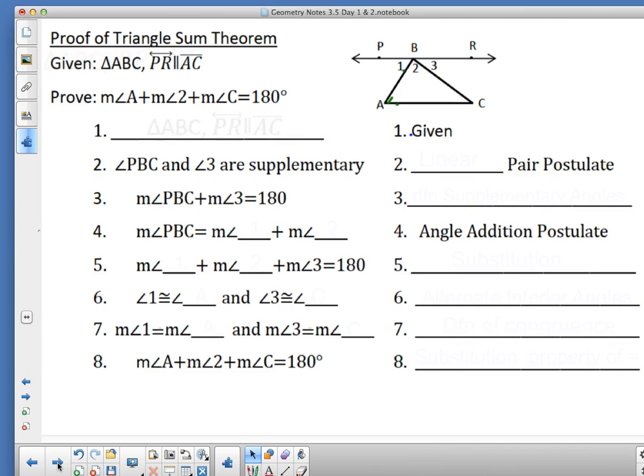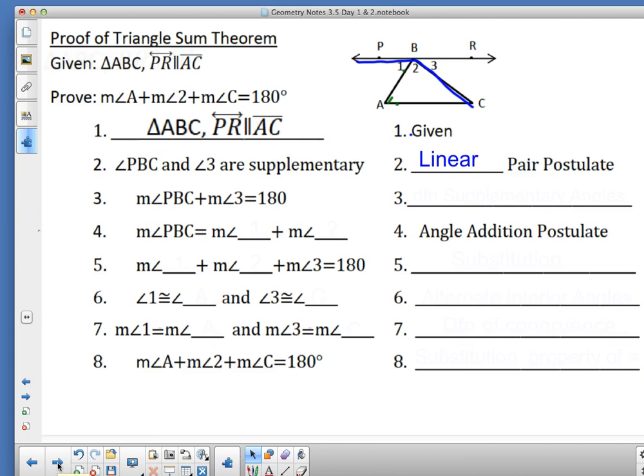As we go through, I want you to know that I've got to start with my given. I have angle PBC and angle 3 are supplementary. PBC and 3 are supplementary. They are a linear pair. If they're part of a linear pair, the two angles are supplementary. So that's that linear pair postulate.